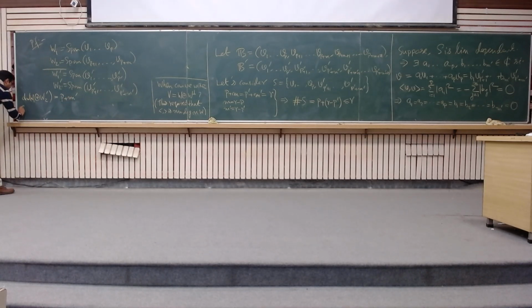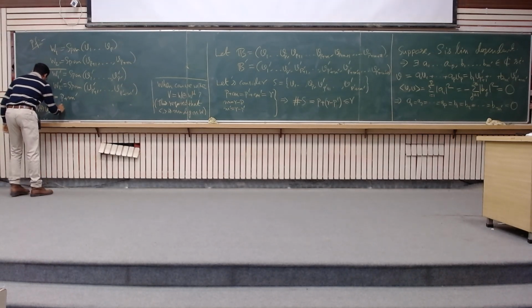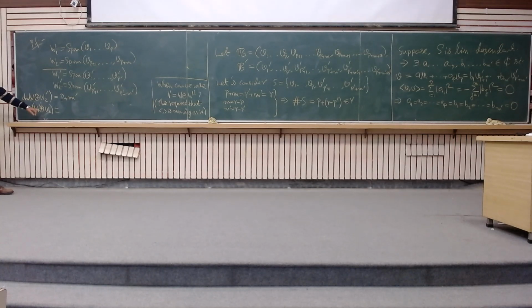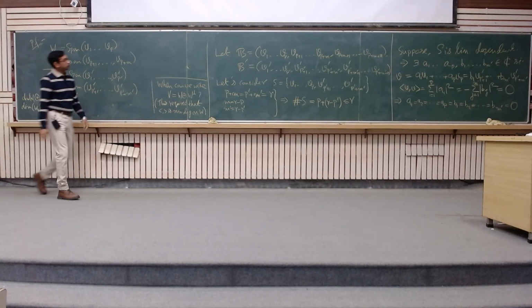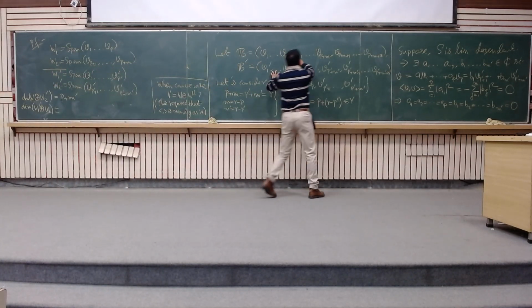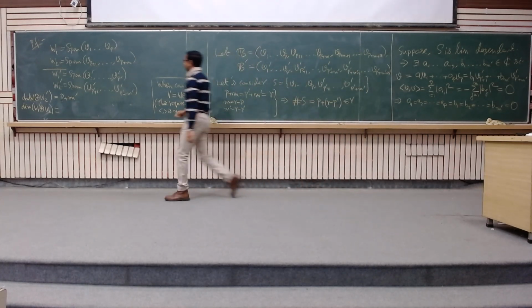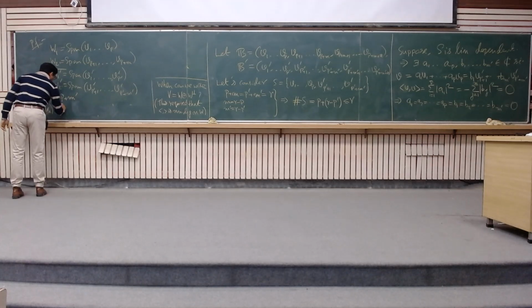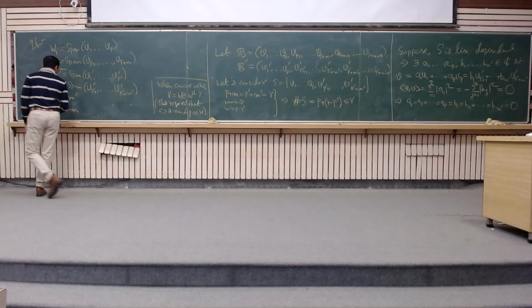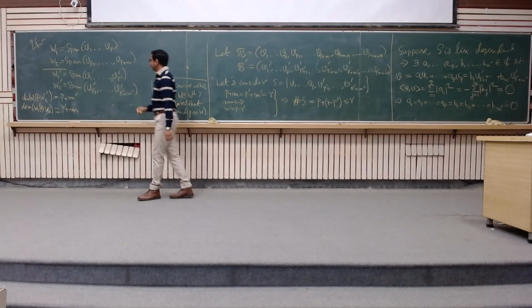And what is the dimension of, similarly, W1' plus W2? It is p' + m, right? So now the first part of this basis and the second part of this basis are the same, right? You can apply the same logic and you get here p' + m.